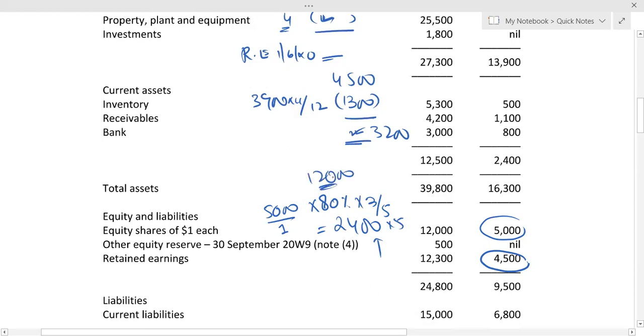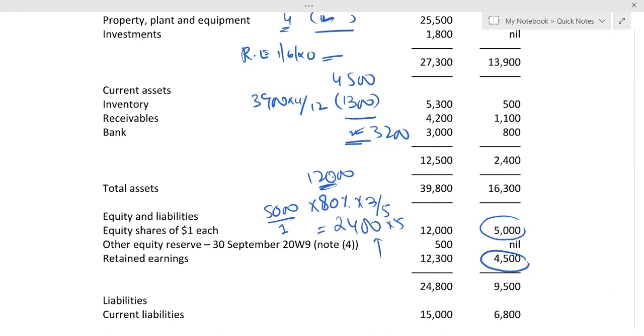Repeat. Share capital of the subsidiary is 5,000, par value 1. If I divide share capital 5,000 by par value 1, I'll get obviously 5,000 shares. Parent has taken 80% holding, and parent has issued 3 shares in its company against each 5 shares of the subsidiary which parent has acquired. So 5,000 into 80% into 3 by 5 gives us 2,400.